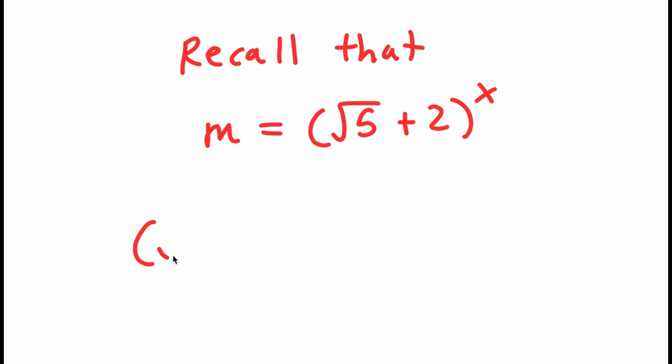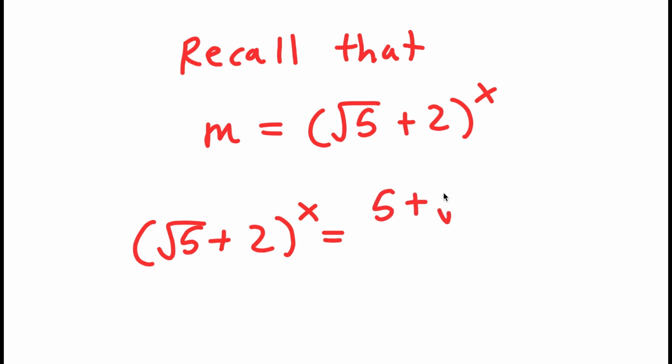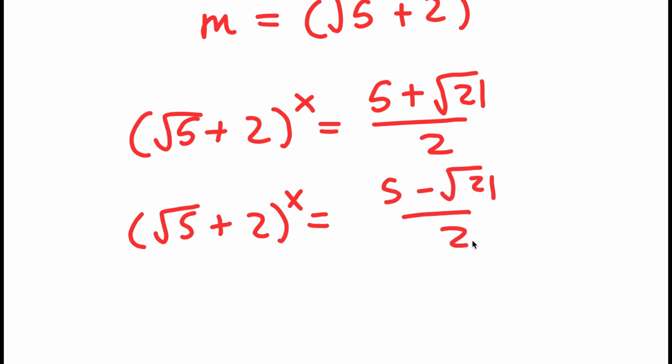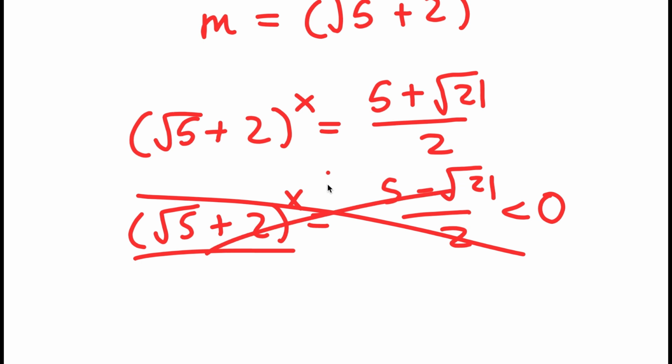Meaning, I have the square root of 5 plus 2 to the power of x is equal to 5 plus the square root of 21 over 2, and also 5 minus the square root of 21 over 2. However, 5 minus the square root of 21 over 2 is less than 0, and you can't take the power of a positive number and make it equal negative. So there's no solution for this, and we're just going to solve the other one.